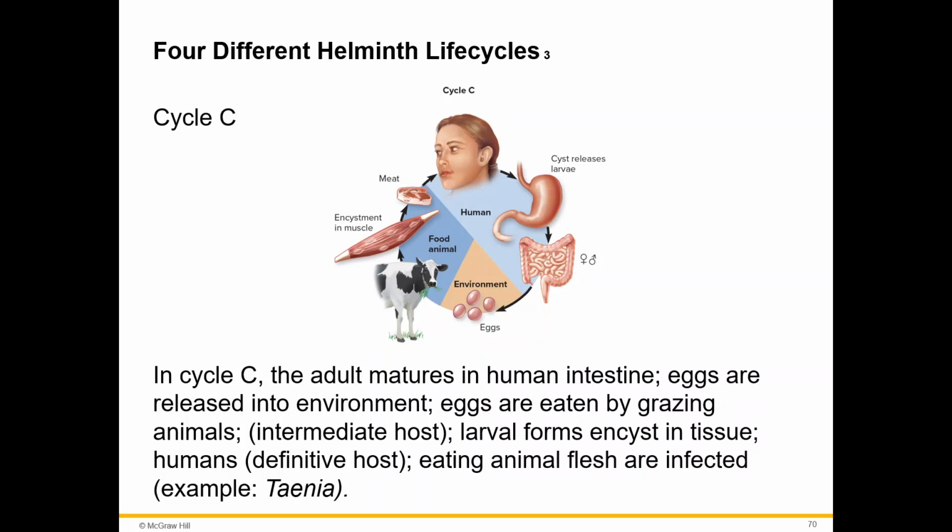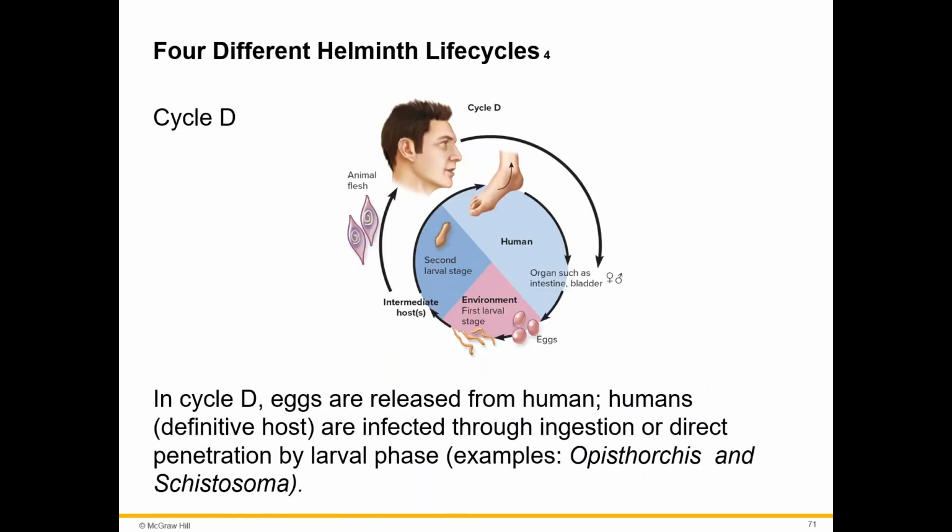But the larval forms will actually encyst into the tissue of the meat of that host, and then the humans will eat it again. And so we get this infection. This is typical in a lot of those Taenia species, the ones with the scolex, remember. And so our fourth cycle, which is cycle D, eggs are released from the humans, right?